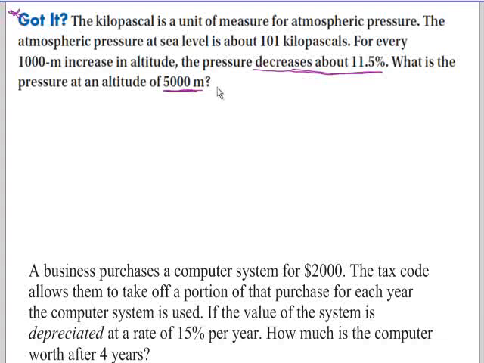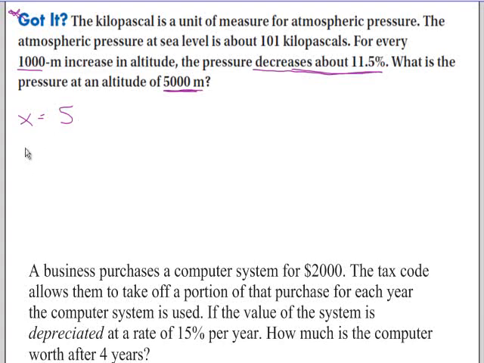So 5,000 meters. Let's go by thousands here, so let's use 5 for x.